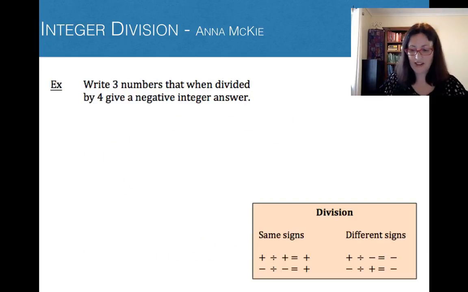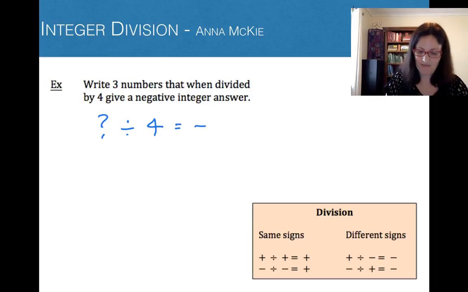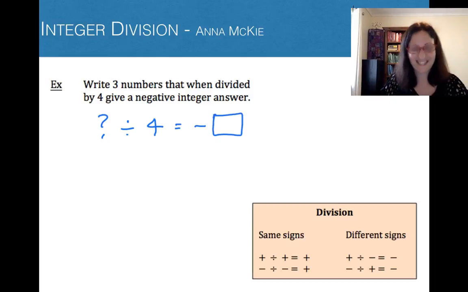One more example. Thinking of things in a different way here. We have to write 3 numbers that when divided by 4, we get a negative integer answer. So a reminder, integer is a whole number. So we want a negative whole number. So there's no official way of setting this out. Let's think of it. We want a number that when divided by 4, you get a negative number, say.